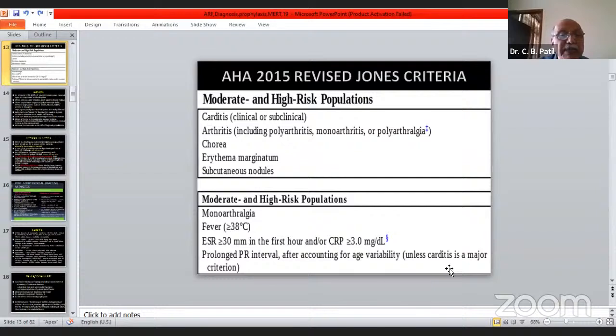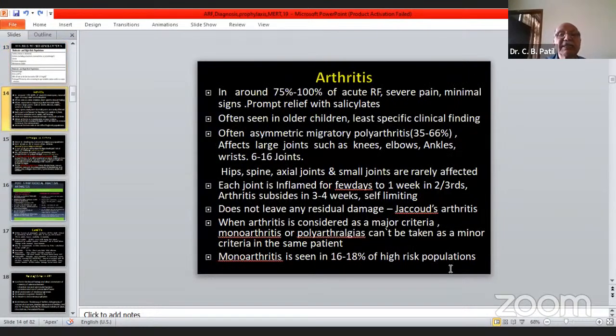As minor criteria, there can be monoarthralgia, fever more than 38 degrees, ESR more than 30 millimeters in the first hour, C-reactive protein more than 3 milligram per dL, and prolonged PR interval as per the age criteria. So these are the changes done in the 2015 AHA Jones criteria modification.